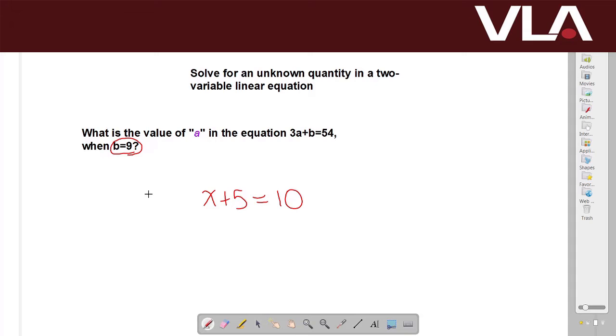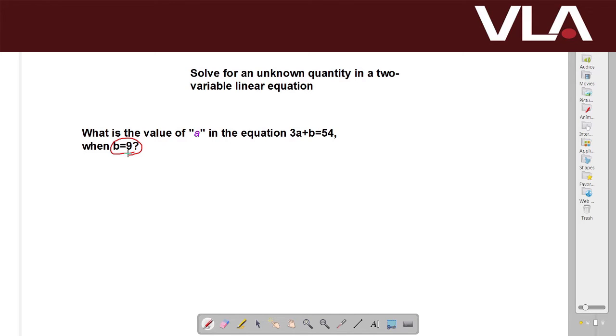Alright, so how do we solve this? Let me first clear this. What I like to do is I like to rewrite the equation, and the variable that I'm replacing, or in this case substituting, I like to put a parenthesis in, and then I actually substitute the value and then perform the operation. So let me show you what I mean by that.